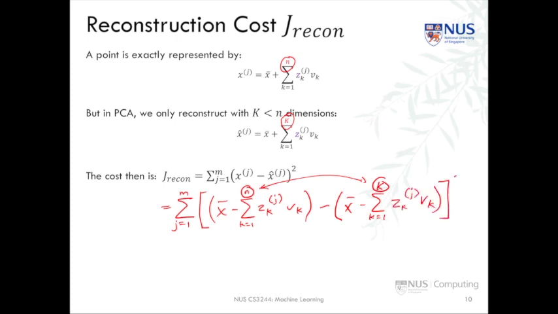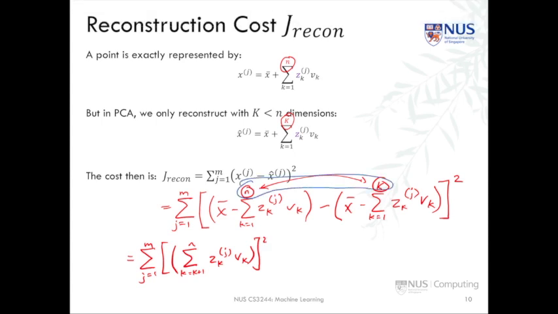And this is squared loss. We can write this out as this, because we can just clearly subtract this from this and just take the remaining points, which is going to start our index from k plus 1 all the way to n.